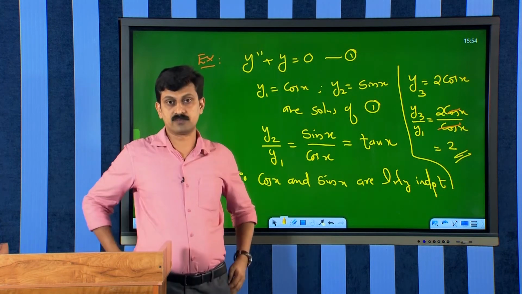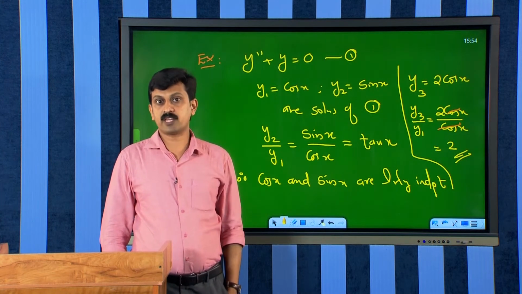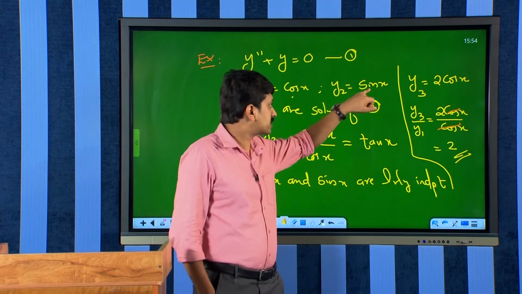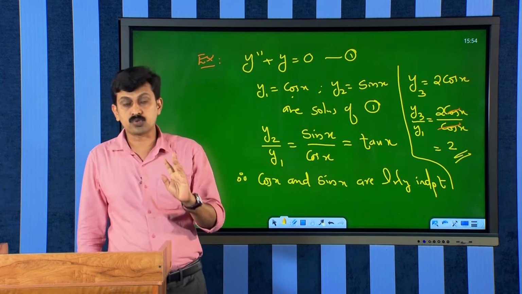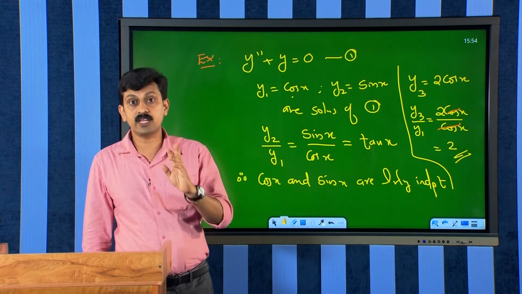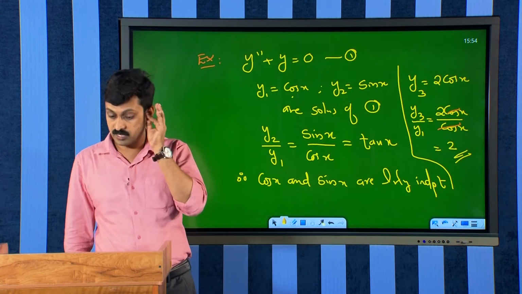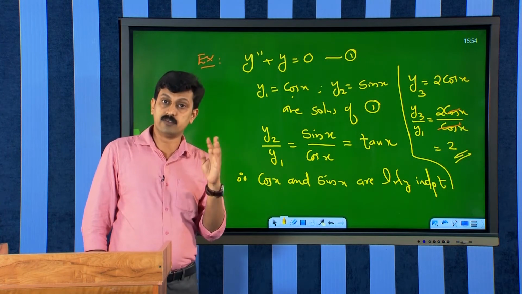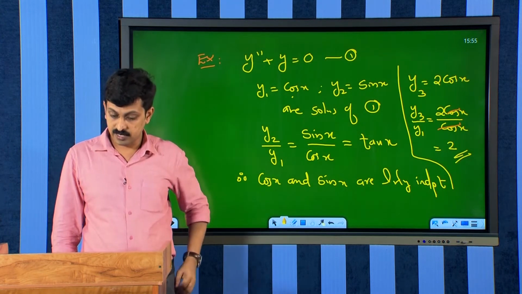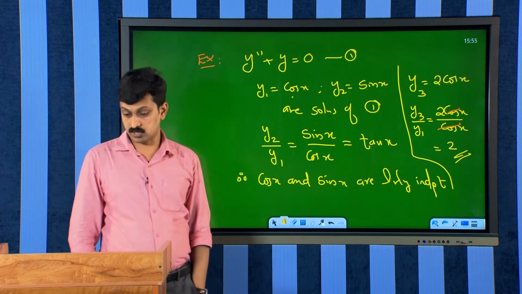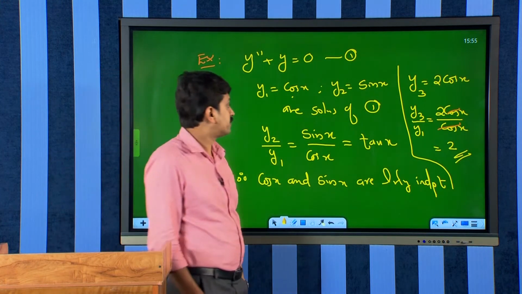So, we can say that these two, cos x and sin x, are two linearly independent solutions of a second order linear homogeneous differential equation defined on an interval I. So, we can say that they are the basis or fundamental system of solutions on I.